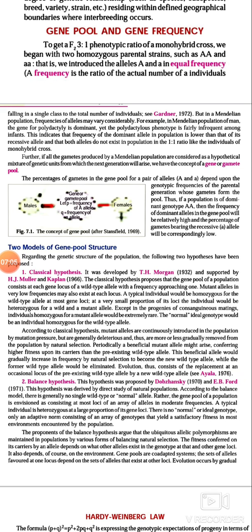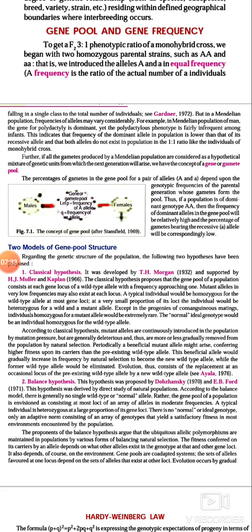A typical individual is heterozygous at a large proportion of its gene loci. There is no normal or ideal genotype, only an adaptive norm consisting of an array of genotypes that yield a satisfactory fitness in most environments encountered by the population.